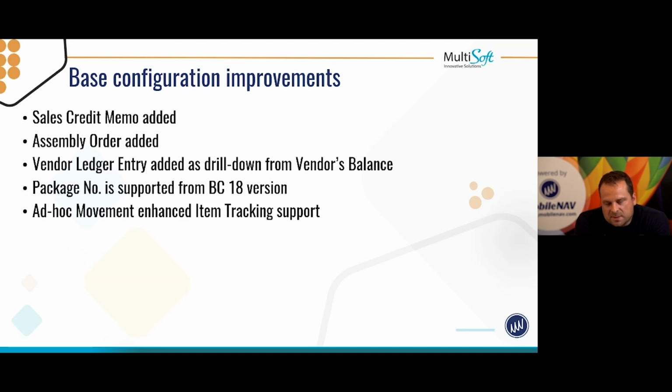And now MobileNAV configuration is also reflecting this new feature, and you can also use that in MobileNAV base configuration as well. And we have further improved the MobileNAV ad hoc movement feature with item tracking support. So now the MobileNAV ad hoc movement is prepared for item tracking much better than before.